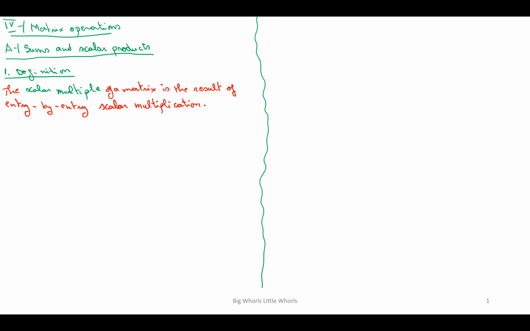Okay, quite a few definitions here. I should have written definitions, not just one definition. These definitions.